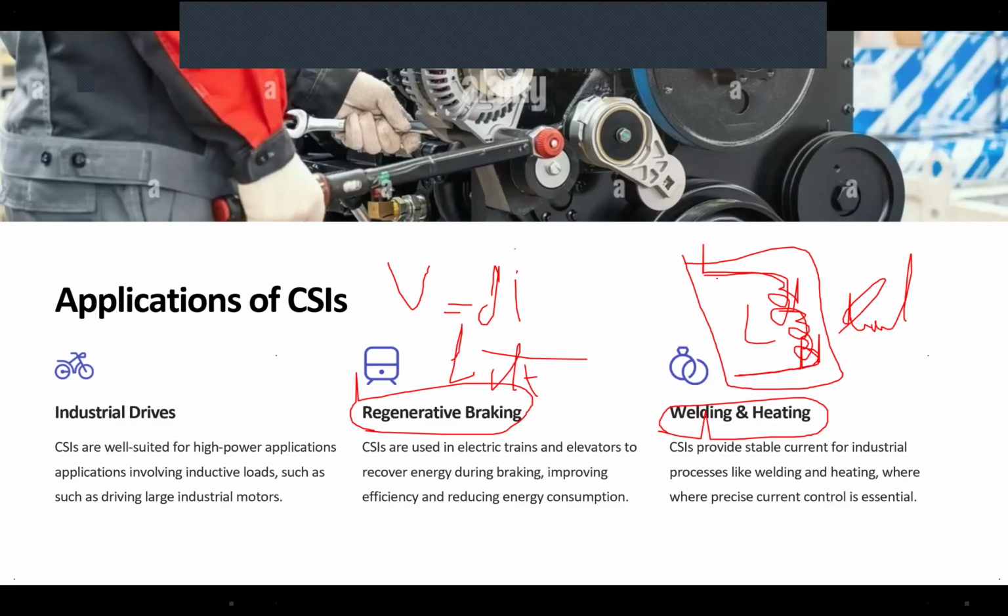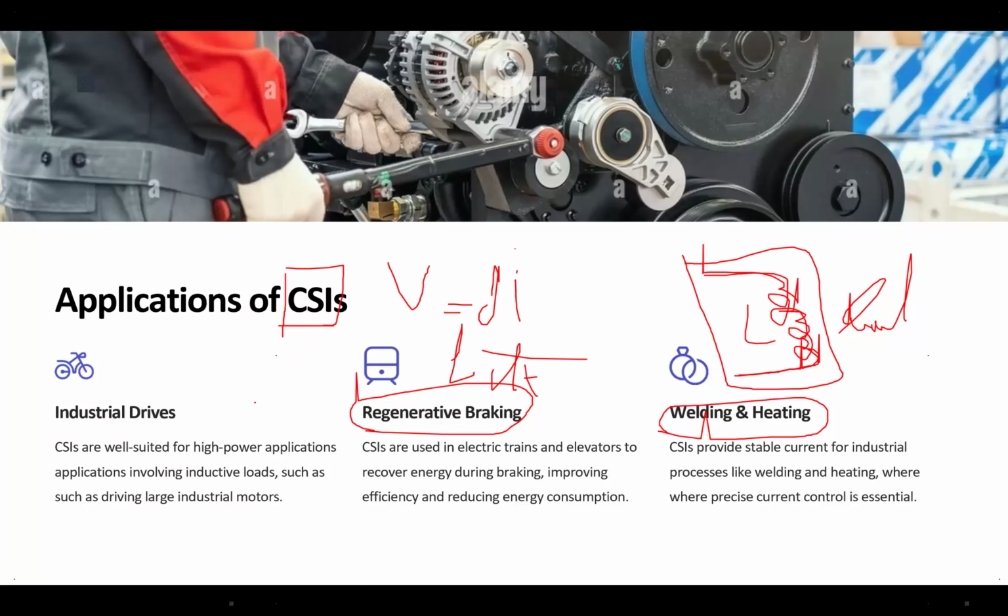So if the inductor prefers a stable regulated current, the best source is CSI, because CSI would provide a stable regulated current. Is that clear? I want to give you more perspective on what's going to happen.